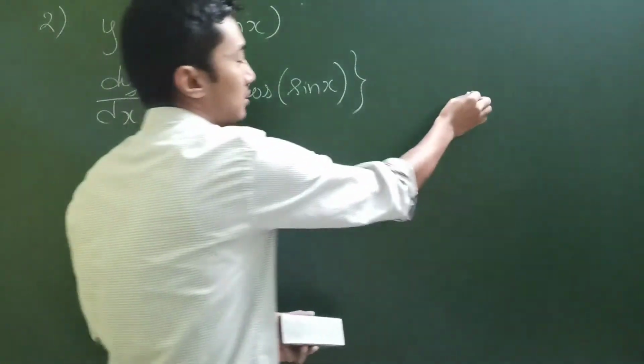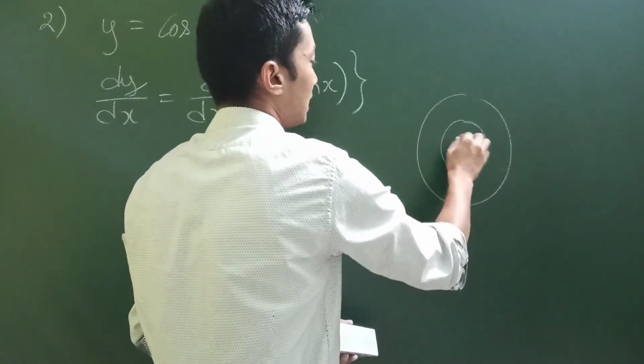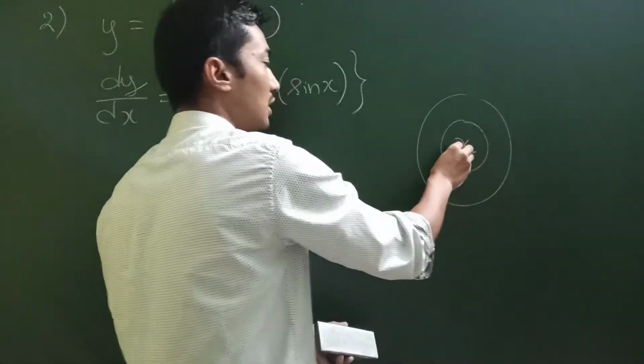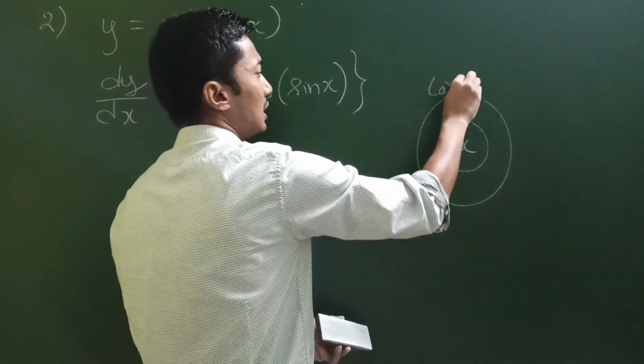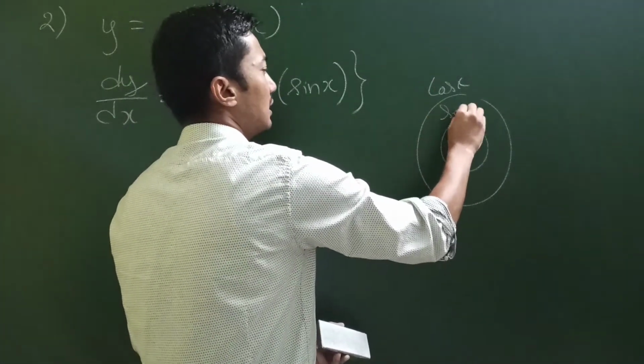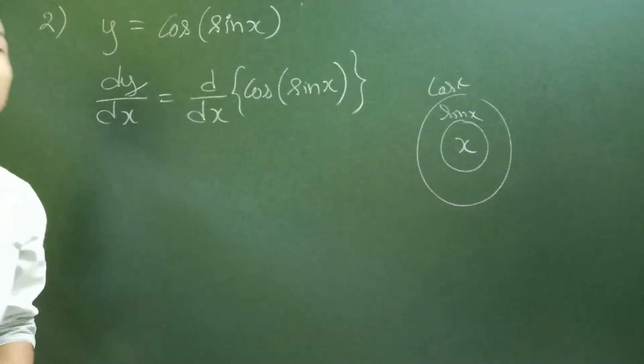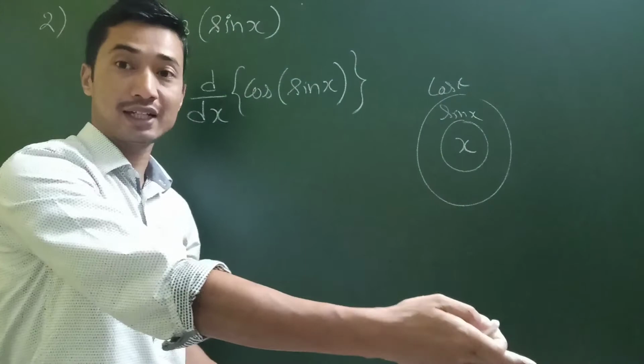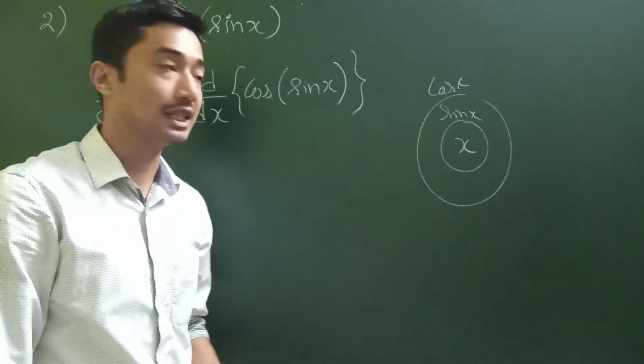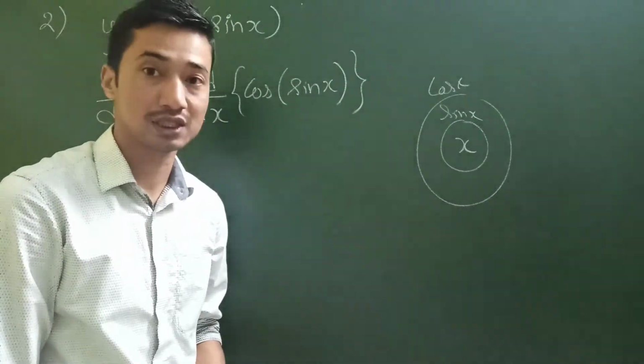Here we have functions of the same family. Before you really get to the x, first you have to clear the gate of cos, then only you will clear the gate of sine x, where you will meet sine x.